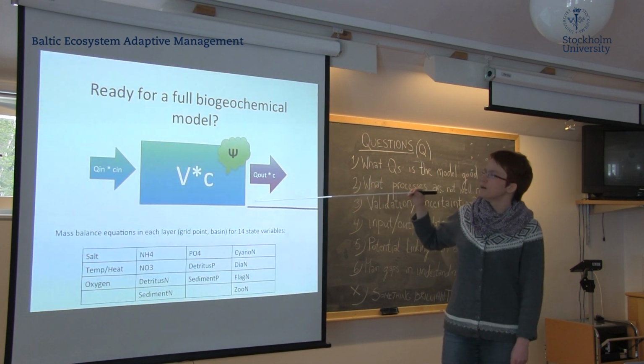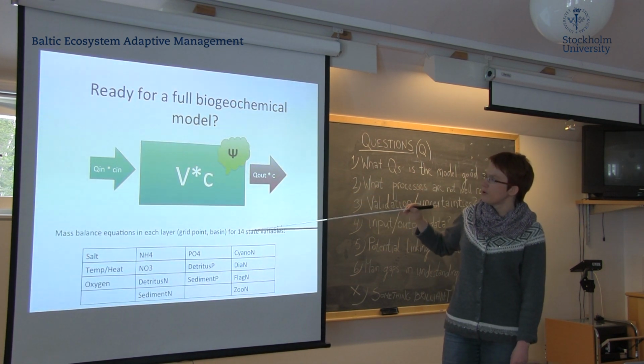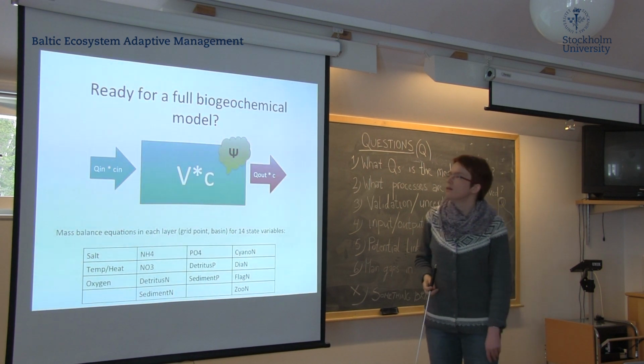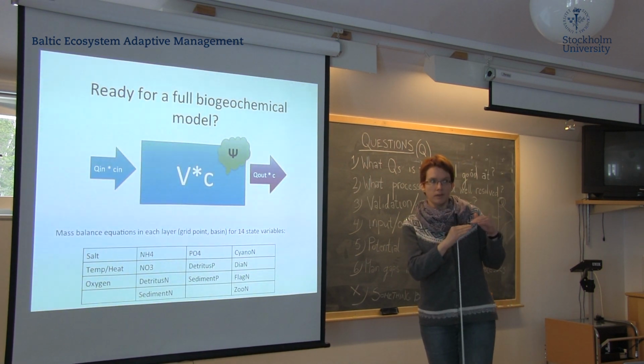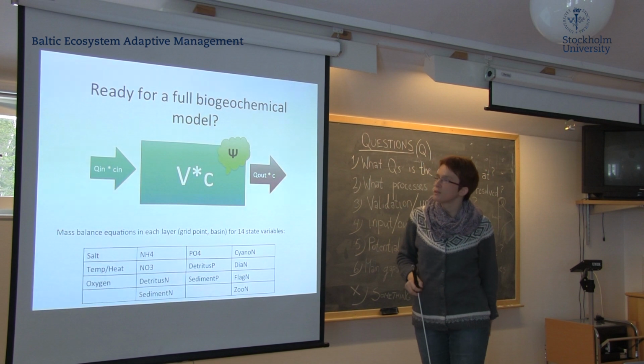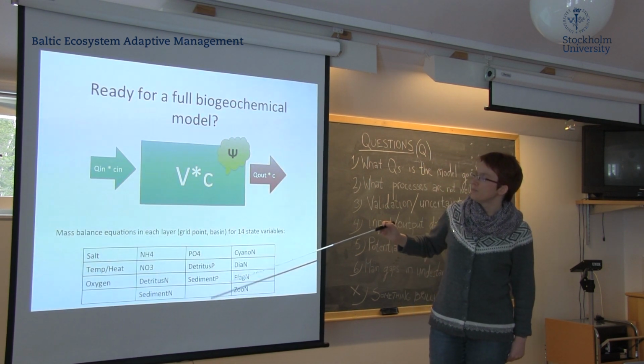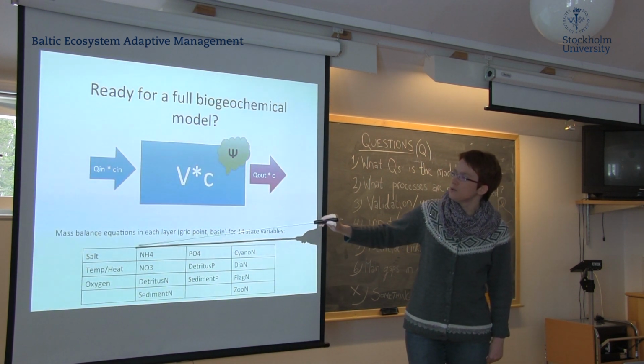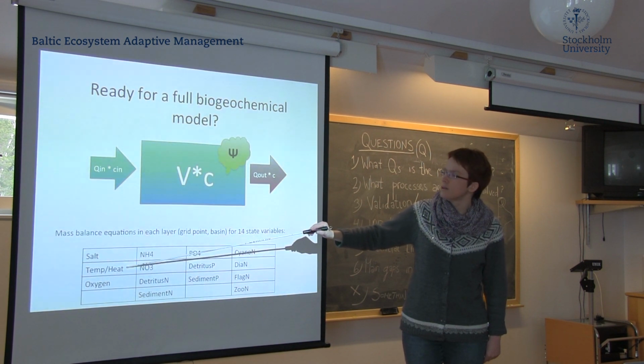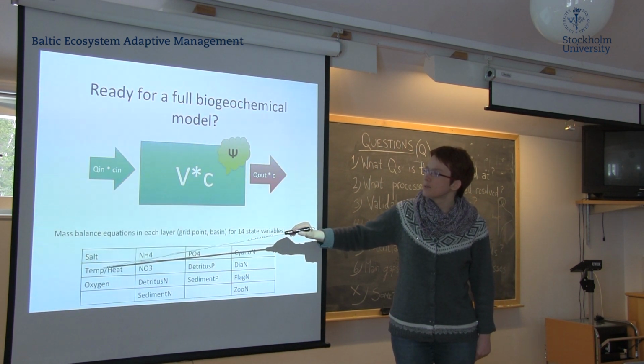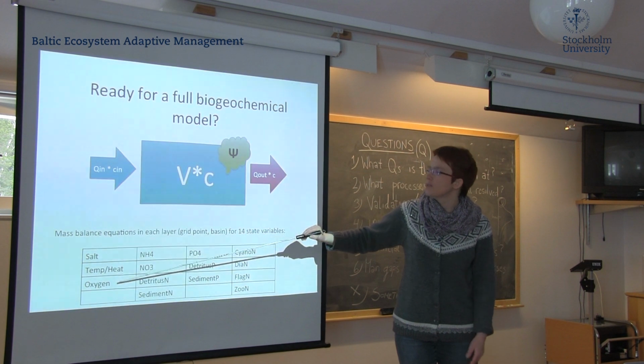for BALTSEM, you write this series of equations for 14 state variables, and for all the layers and boxes that you have in the system. And the 14 state variables that it uses are salt, then there's a mass balance basically for temperature or heat.